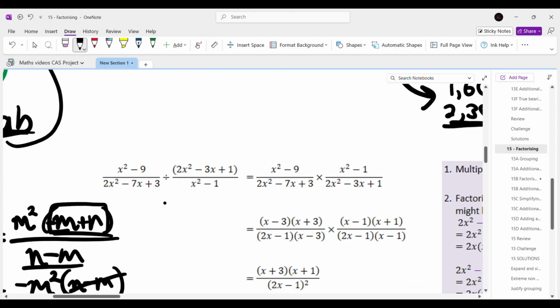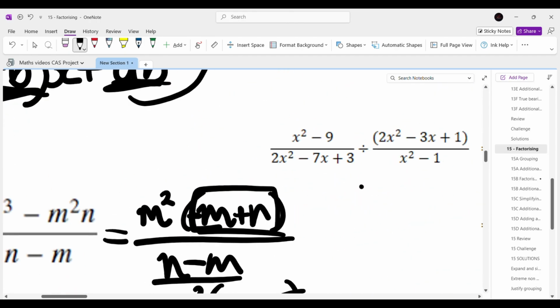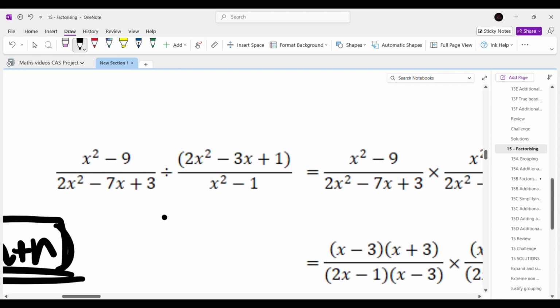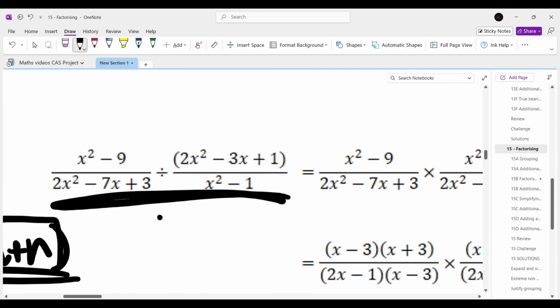Alright, so you may be wondering, that was just a simpler version of what we're going to do here. When we have more complicated divisions like this, where you're dividing by a whole fraction, it's always easiest to simplify it down.